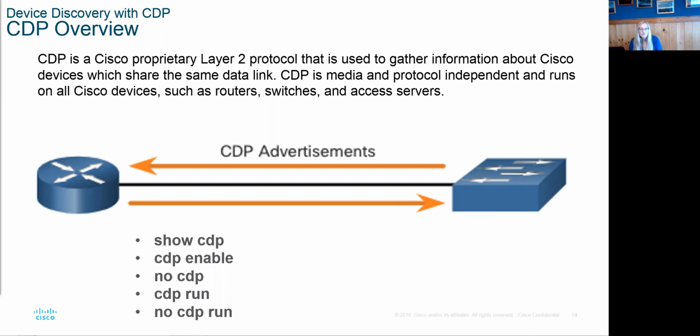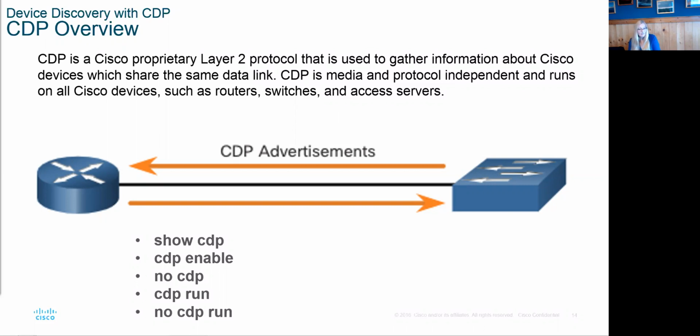So you need to make sure that if you want a more secure environment, that you have it disabled. Also, don't forget, you're going to want to make sure that you disable it on your edge interfaces, because you do not want to be advertising your internal network information to your ISP.